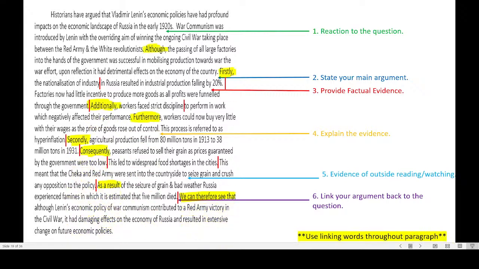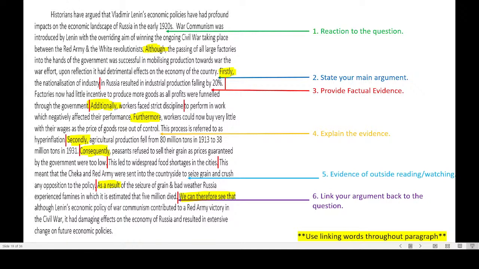So I've highlighted them there for you. Although firstly, additionally, furthermore, secondly, consequently, as a result, we can therefore see that. These are what I'd call linking or connective words, when what they'll be referred to when you go on to college. And these are really important that we're using these in our paragraph, as they just support, I suppose, a good flow to our writing.